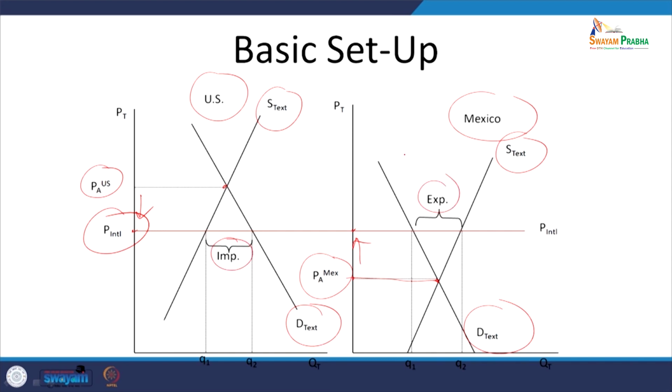This horizontal distance must be equalized in order for an international price to be defined, and that will be sustainably defined, and it will continue as an international equilibrium price.